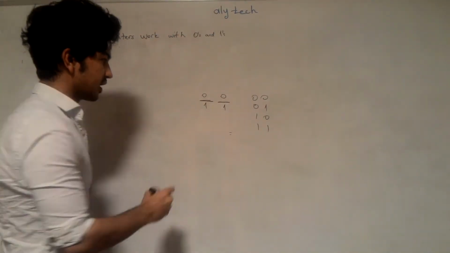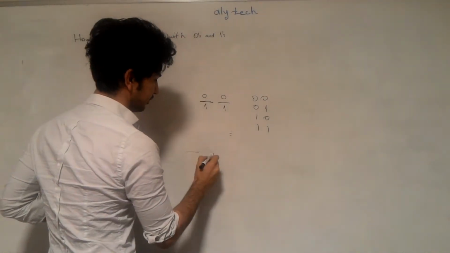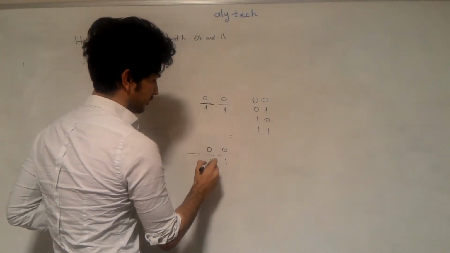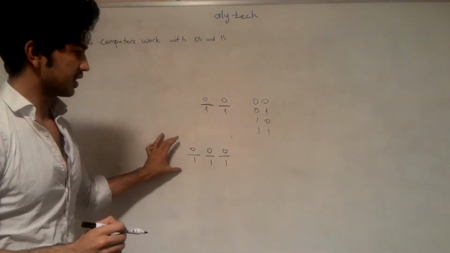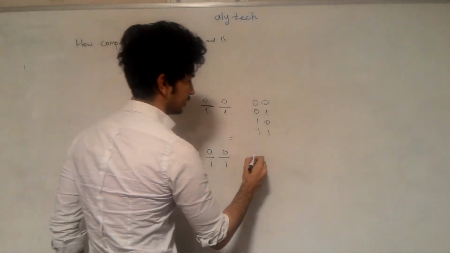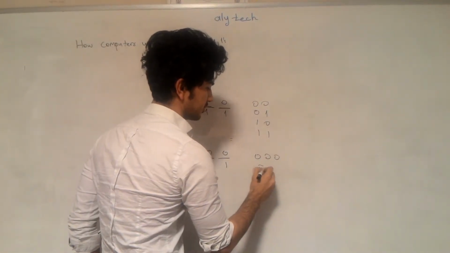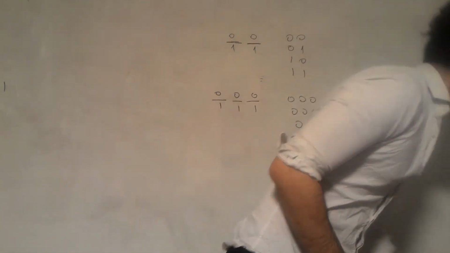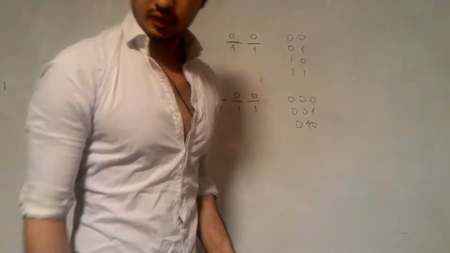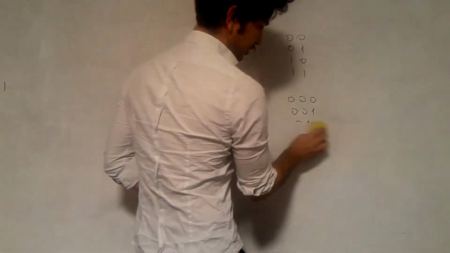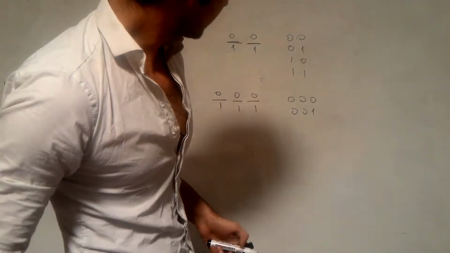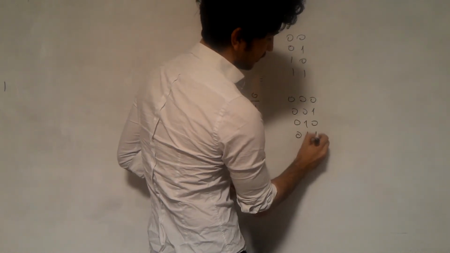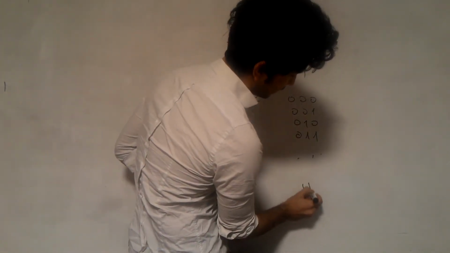Let's imagine that we have 3 of them. You can have 0, 1, 0, 1, 0, 1. Now you have 0 0 0, 0 0 1, 0 1 0, 0 1 1, and it goes like that until 1 1 1.